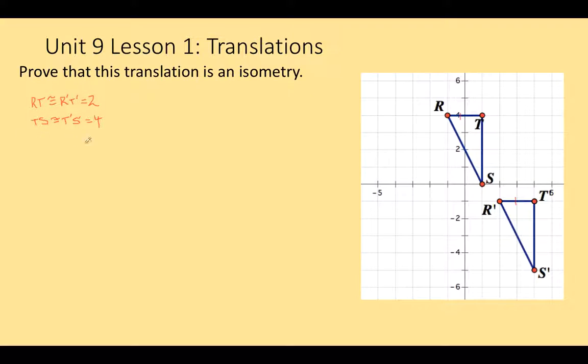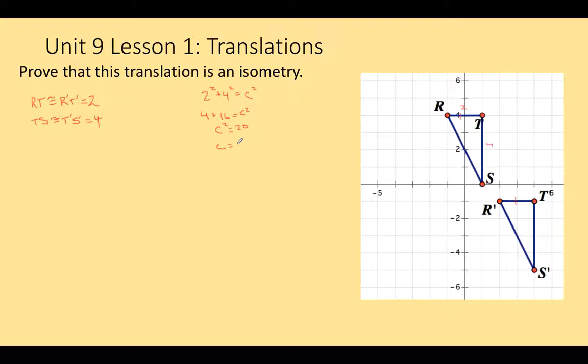And then, well, the next one, not as easy to see. We can always use the distance formula or the Pythagorean theorem. We'd say 2 squared plus 4 squared equals c squared. So we'd have 4 plus 16 equals c squared. C squared would be equal to 20.